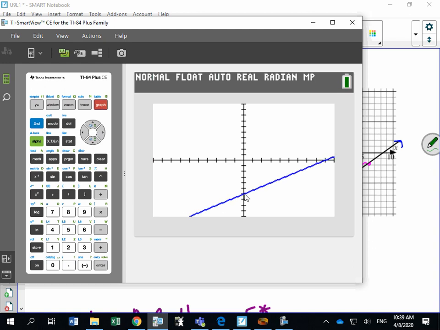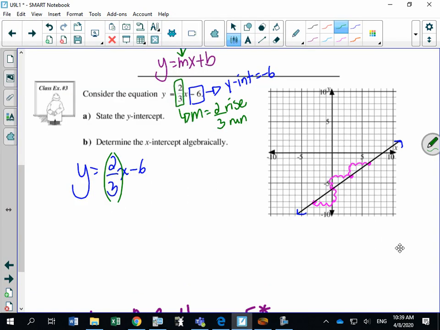So I've got a y-intercept of -6, and it's going to ask what the x-intercept is. So remember the x-intercept, if this is your x-axis, where does this graph cut my x-axis? And it looks to be at about 9, but let's do part B and determine the x-intercept algebraically.